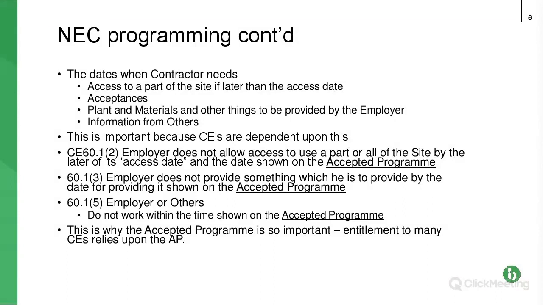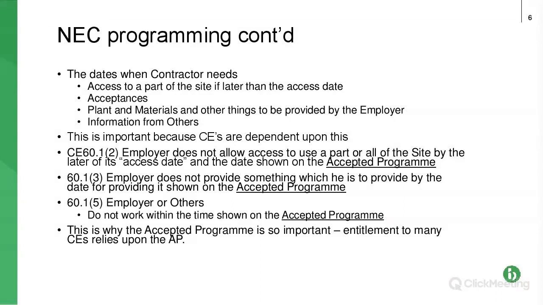So if we take, for example, the first one, 60.1(2), the employer fails to give access to the contractor to use a part of the site by the later of the access date and the date shown in the accepted programme.